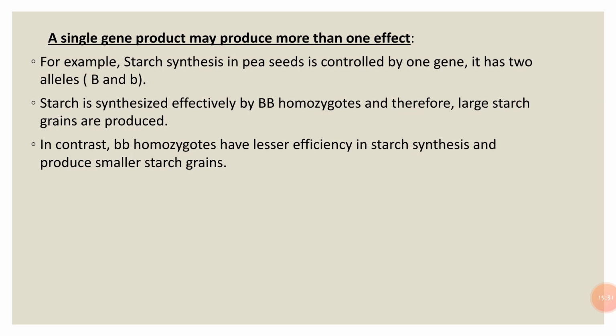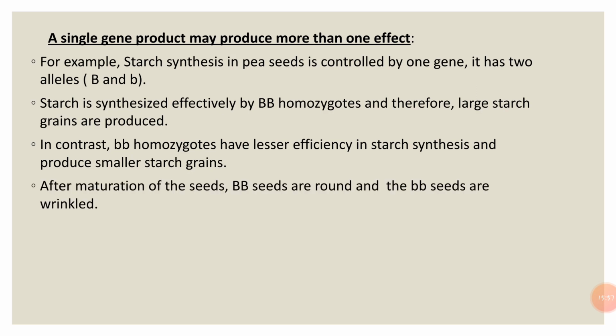So whenever the alleles are homozygous capital B and capital B, the synthesis of starch is more and the grain will be larger. But whenever the homozygotes have the recessive alleles, small b and small b, there is not much effective synthesis of starch. Hence the size of the grain will be smaller, right?